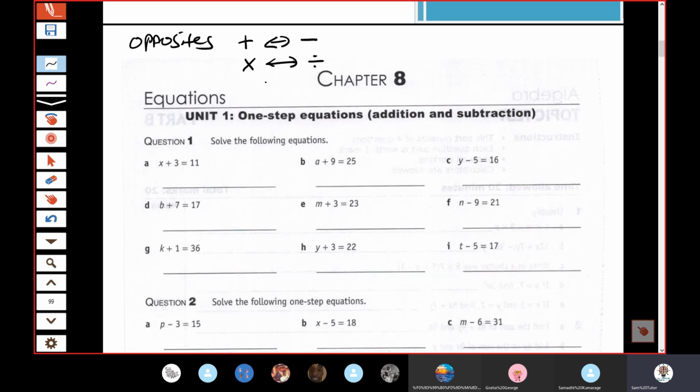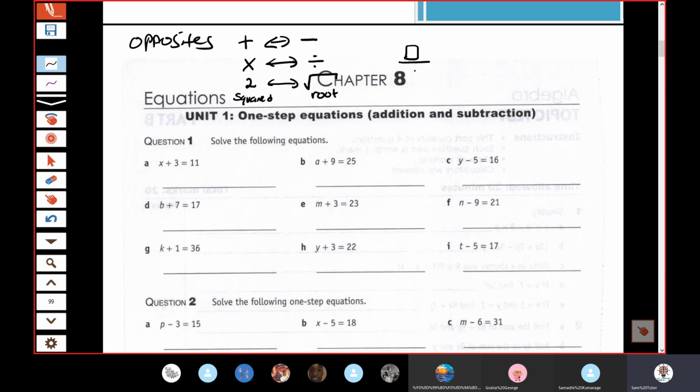And for the harder questions, and I think it's important to know this, the opposite of squared, so you know how we always say squared or x squared, whatever. So squaring is square root. Now, that on your calculators is right next to your x squared button.